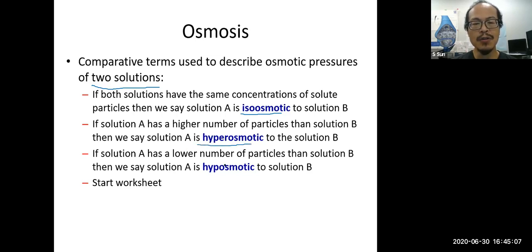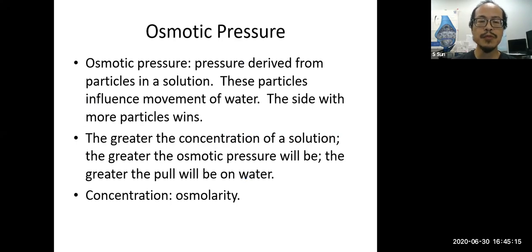If A has lower osmotic pressure, then A is called hypoosmotic. Osmotic pressure is a pressure to pull the water to go in, okay?